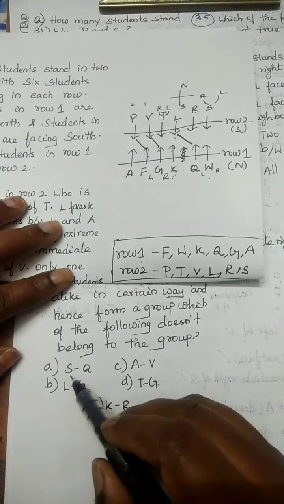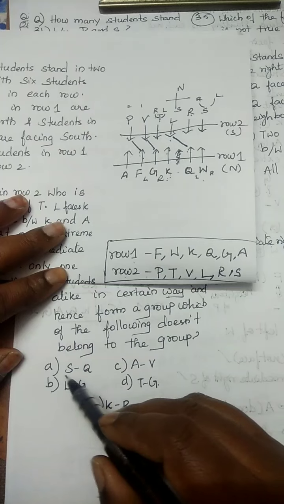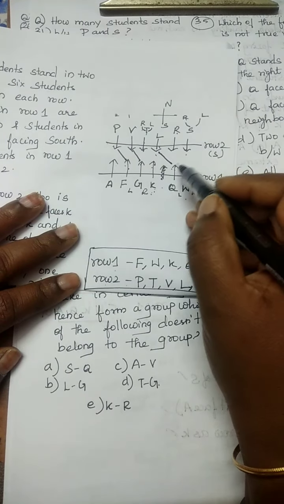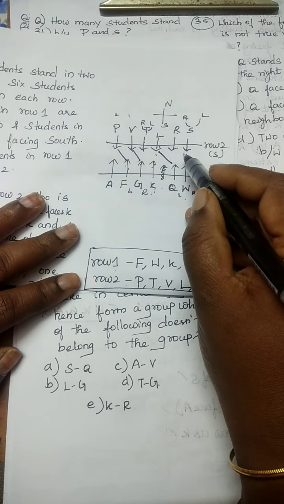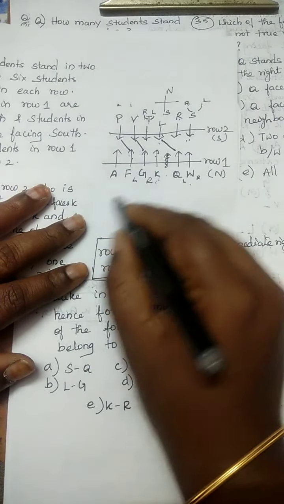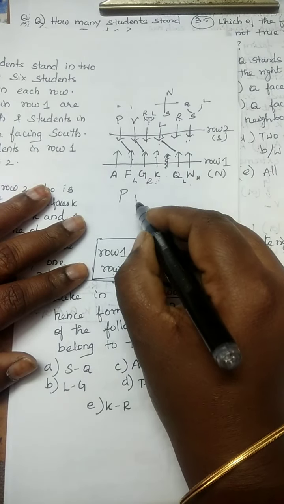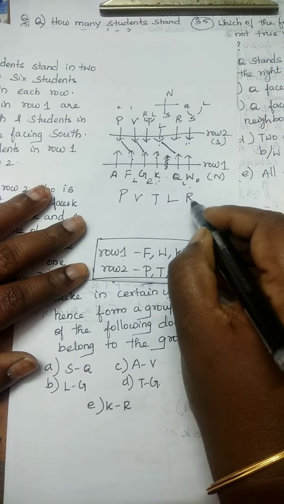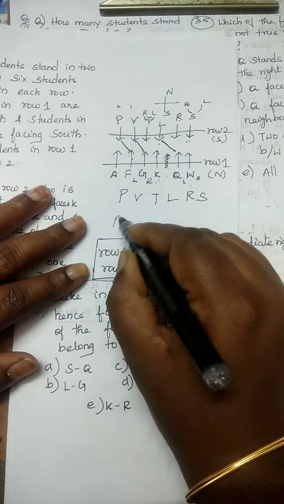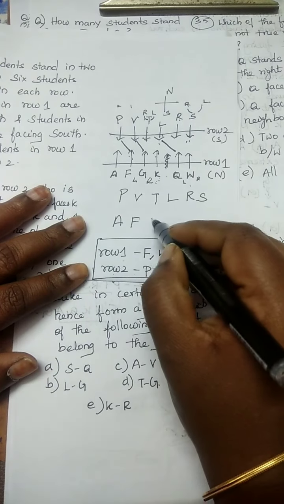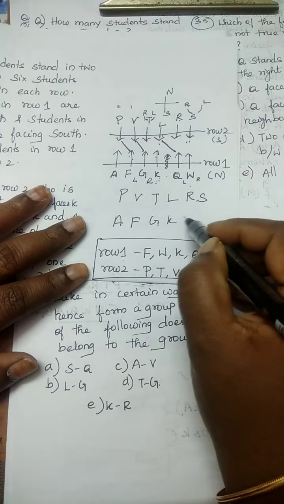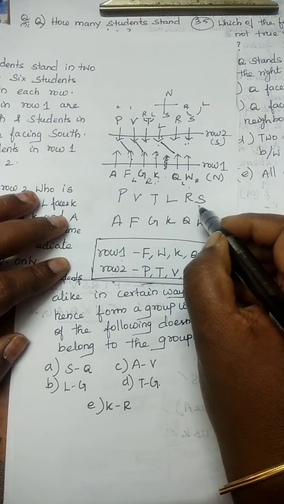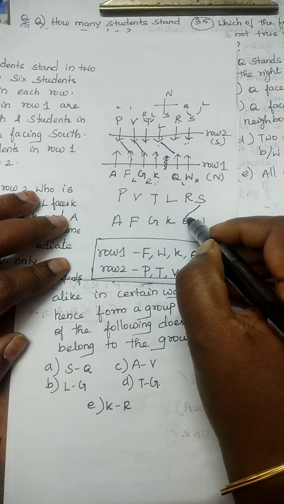See, the first option is X, S, Q. Where is S? S here and Q here. So it matched like this. Again I am writing here because it will be overwritten, so you can't understand. So again I am writing here A, F, G, K, Q, W. So S is related to Q. Okay.